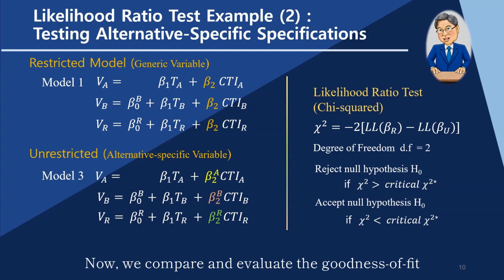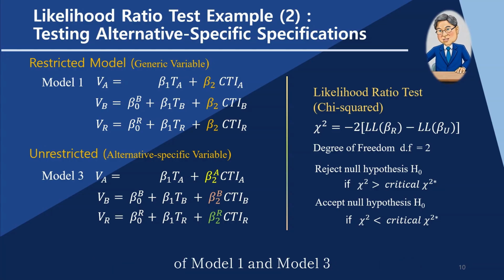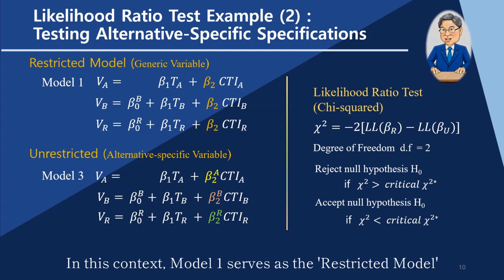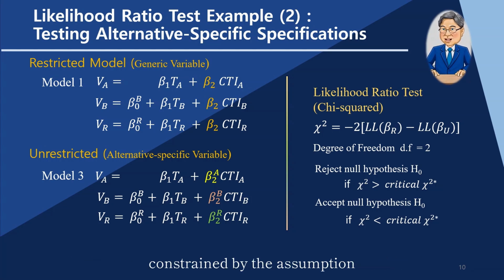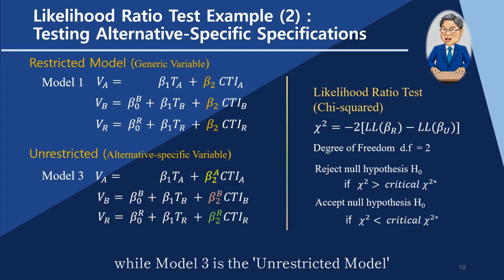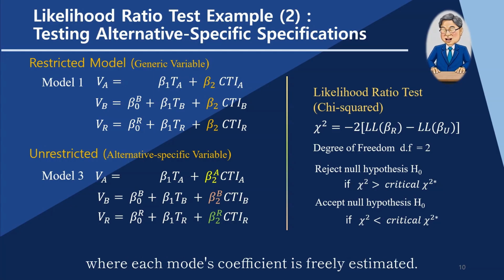Now, we compare and evaluate the goodness of fit of Models 1 and 3 using the likelihood ratio test. In this context, Model 1 serves as the restricted model, constrained by the assumption that all cost coefficients are equal, while Model 3 is the unrestricted model, where each mode's coefficient is freely estimated.